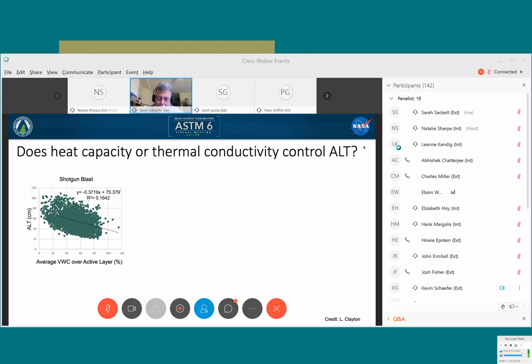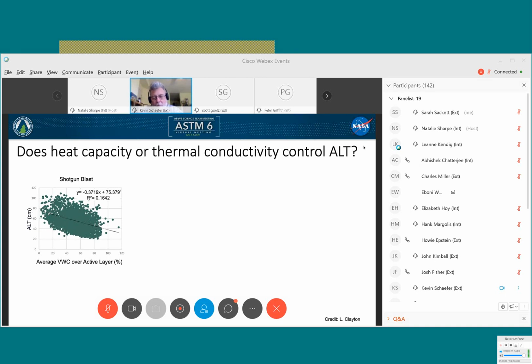Now we're also using this to try to answer some basic science questions, not just validate data. We have about 5,000 or so paired volumetric water content and active layer thickness values. So we're trying to answer the basic question: among all the factors, what really drives active layer thickness? Is it the heat capacity or the thermal conductivity? Because both are driven by soil moisture. The heat capacity, here I'm really talking about latent heat diffusion.